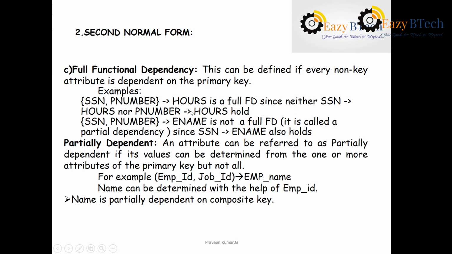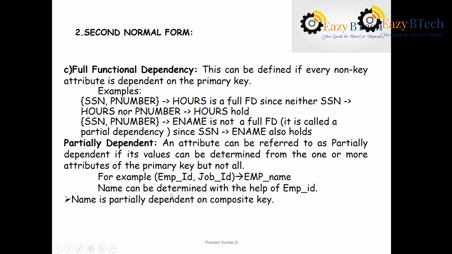Fully functional dependency means the key attribute determines the non-key attributes in a relation. For example, if the social security number can identify all the remaining values, that is a fully functional dependency. What is partial functional dependency?